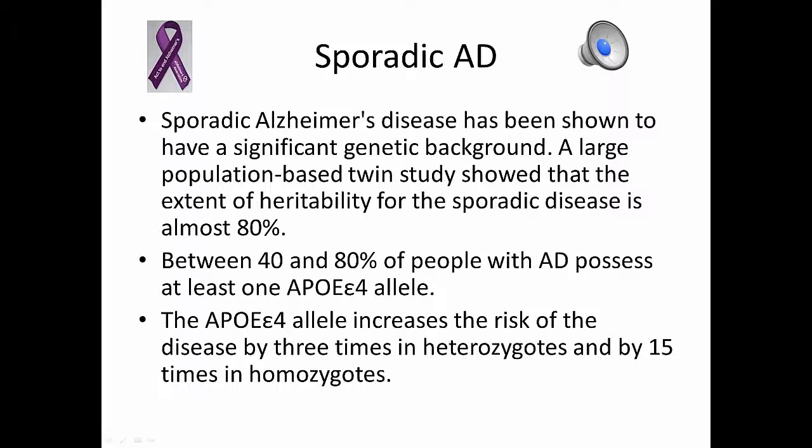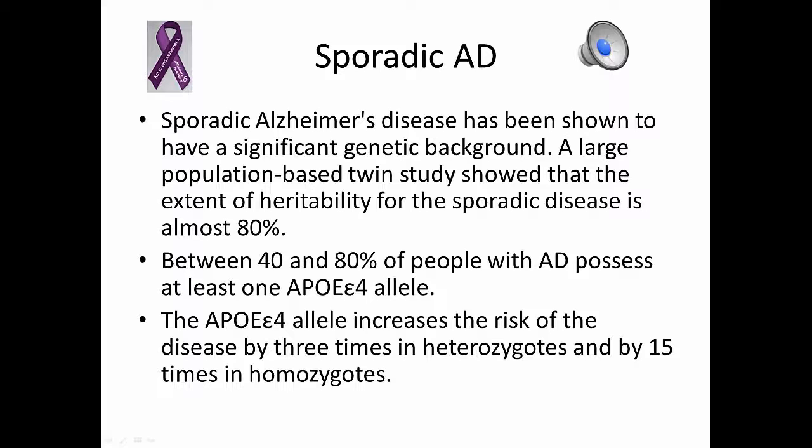Sporadic Alzheimer's disease has also been shown to have a significant genetic background. A large population-based twin study showed that the extent of heritability for the sporadic disease is almost 80%. We know that the ApoE4 allele is important in Alzheimer's disease, as between 40 and 80% of people with Alzheimer's disease possess at least one of these alleles.